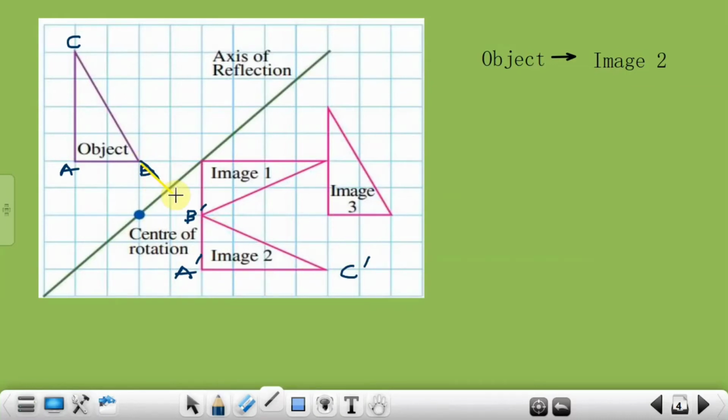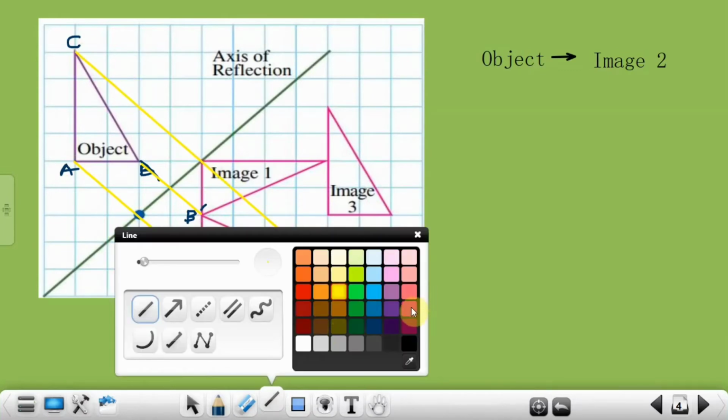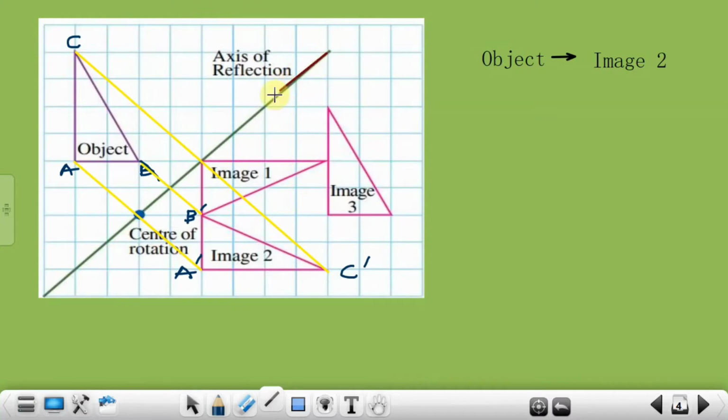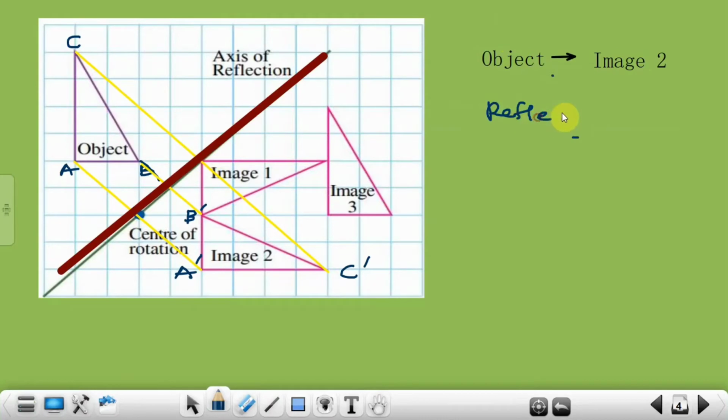Every point has the same distance between the image and the object. It means that the object is mapped under reflection. Where is the axis of reflection? It is already given to you here.